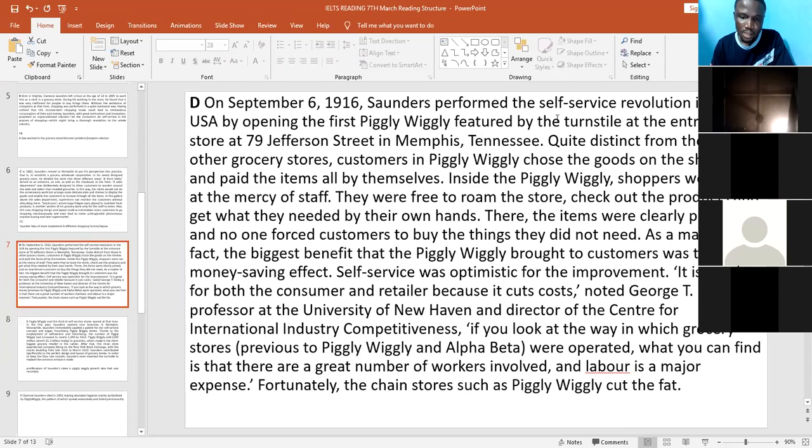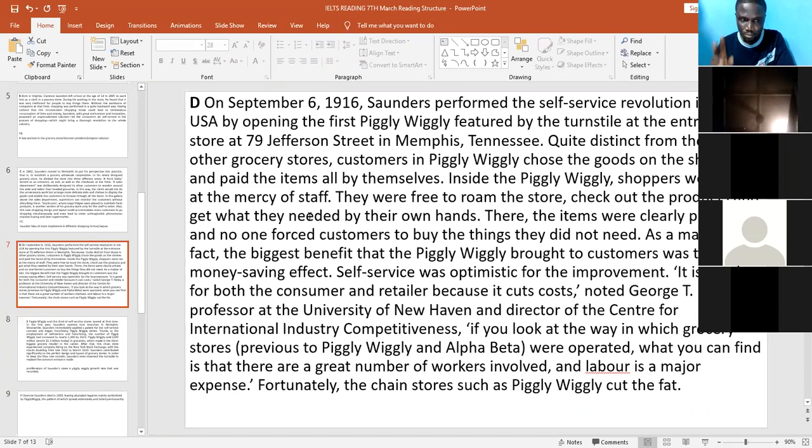It was describing what the self-service revolution was about. Inside the Piggly Wiggly, shoppers were not at the mercy of staff, just describing the main features of the self-service.